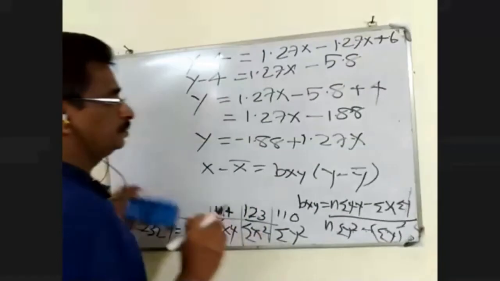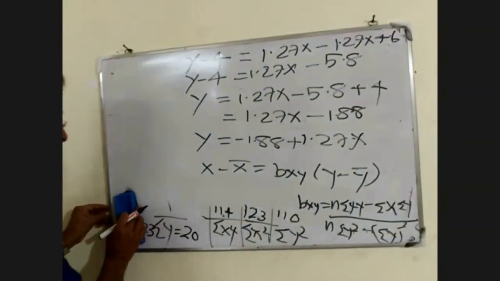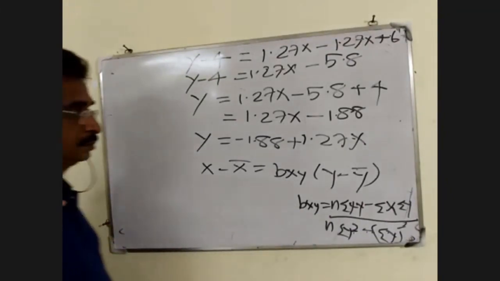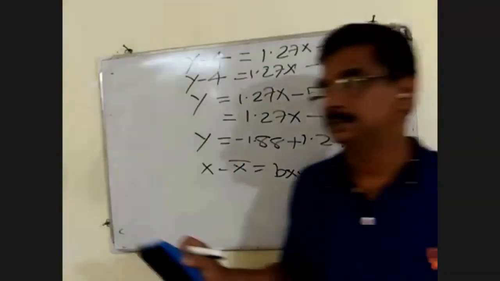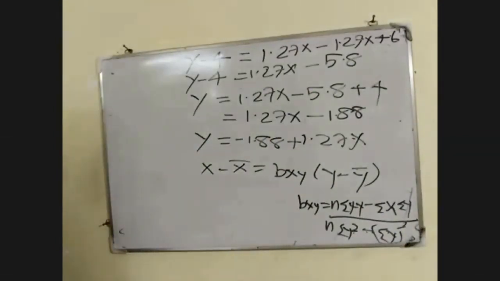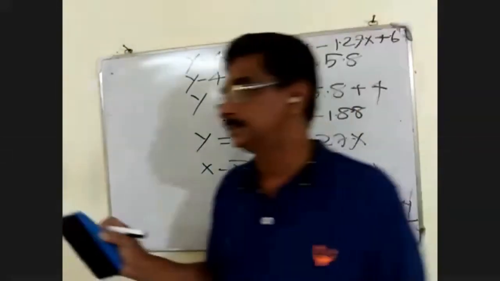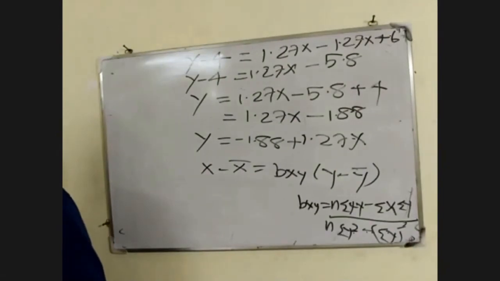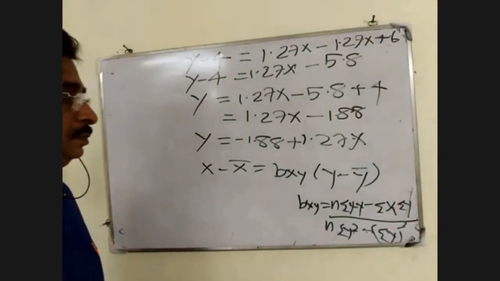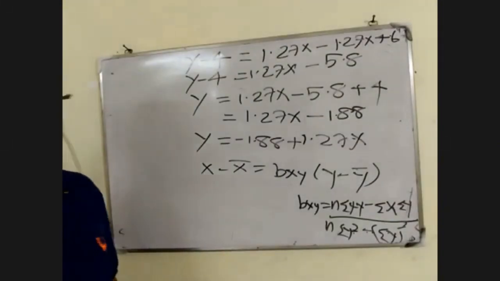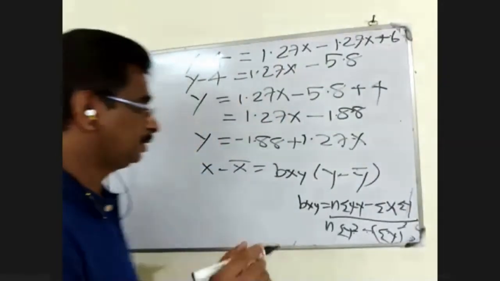Find out bxy. 0.73. Okay, 0.73 is the correct answer.